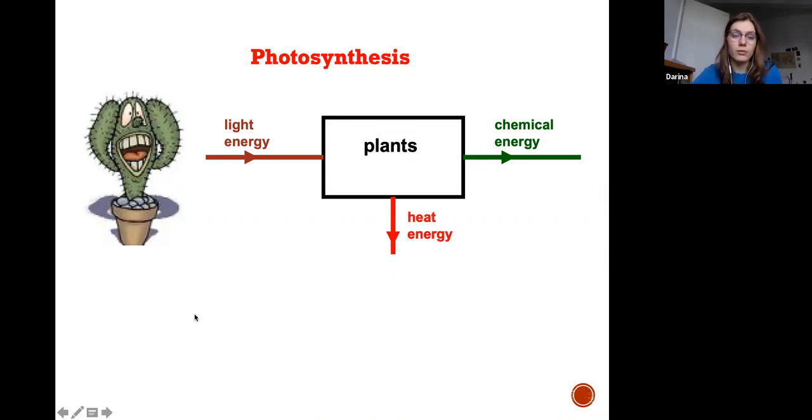What about chemical for input? Well, photosynthesis is actually, are you thinking about glucose? So the energy that it actually gets is from light, right?